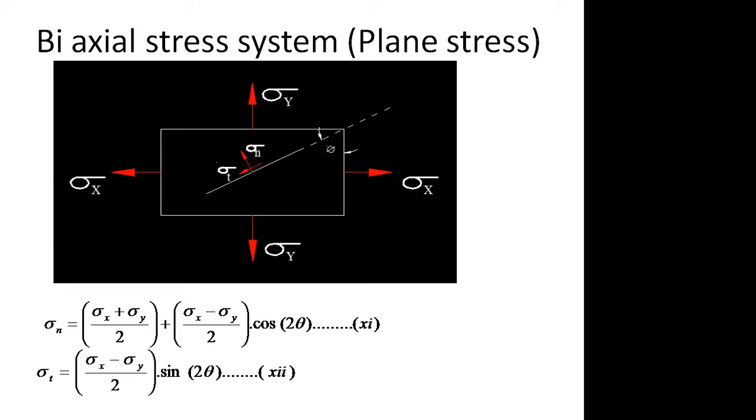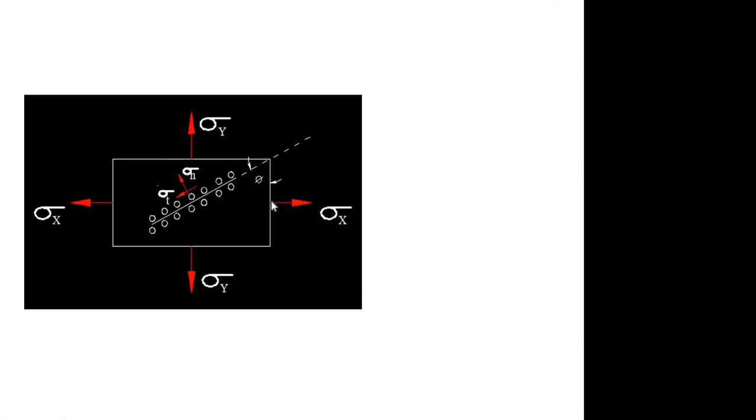Now let's come to a point. What is the significance of finding sigma n and sigma t? Assume in this plane we have sigma n here and sigma t here.